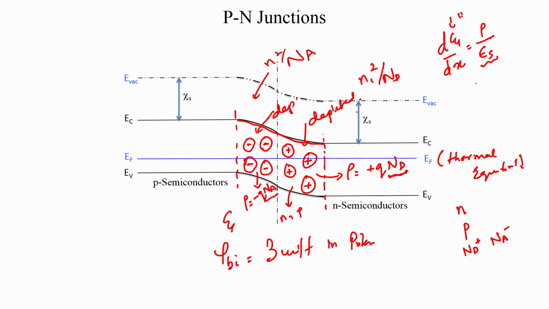So for the n side, your Poisson's equation is going to be dEn by dx, where the subscript n denotes the n side, equal to your charge concentration on the n side, which is q Nd by epsilon s. And for the p side, you have a Poisson equation which is dEp by dx equal to minus q Na by epsilon s.